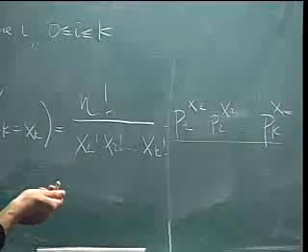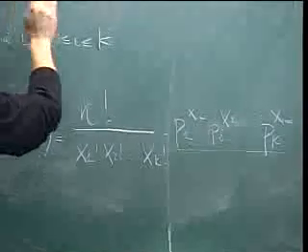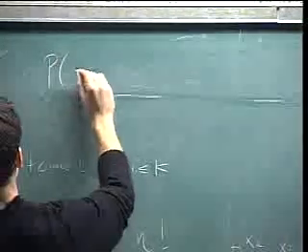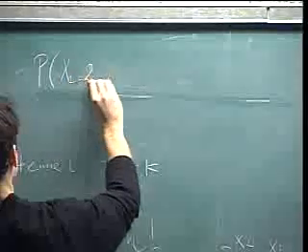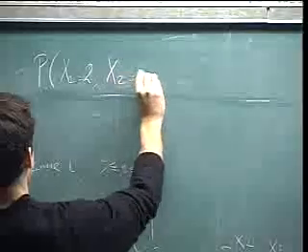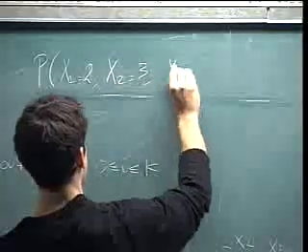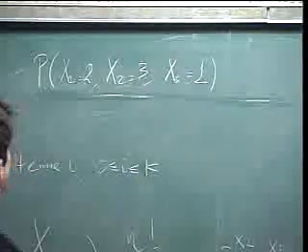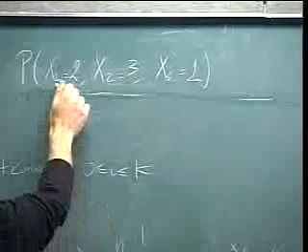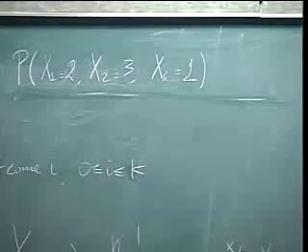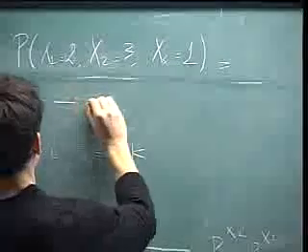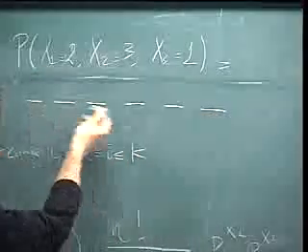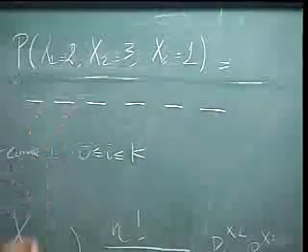So let's do just a concrete example. Say you have 6 trials, and this happens with probability P1, P2, and P3. Say that you have these 6 possibilities here.